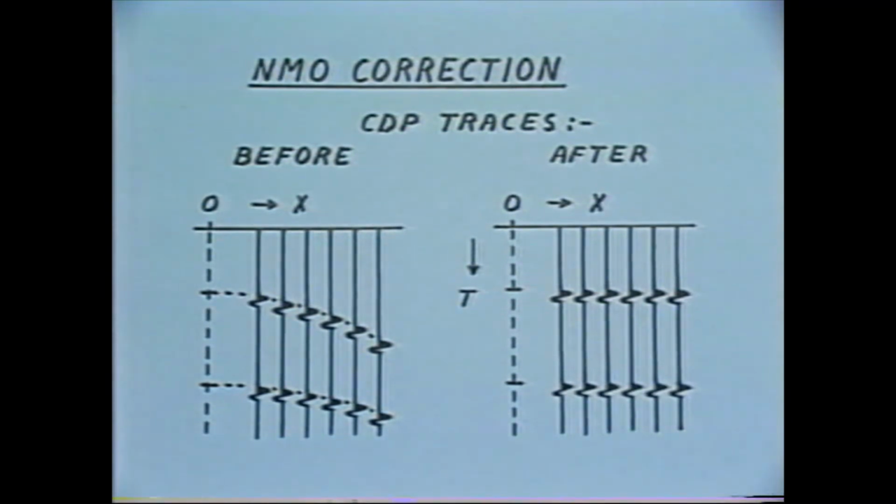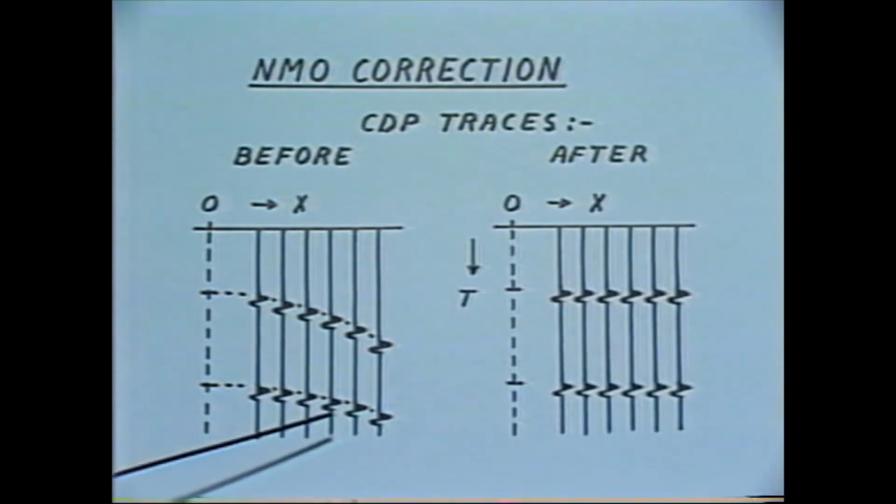Now, this normal move-out correction, or NMO correction as it's often abbreviated to, is applied to each set of common depth point traces. So before normal move-out, the common depth point traces would look like this, with each primary reflector showing a certain move-out curve across them.